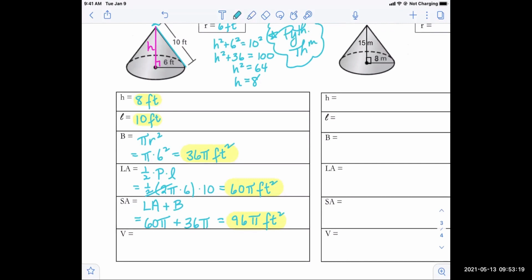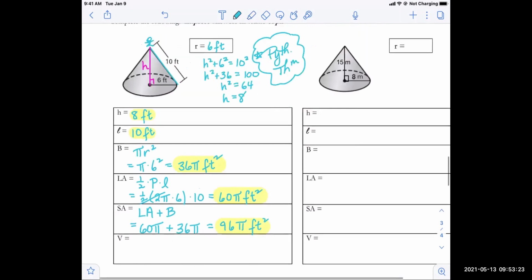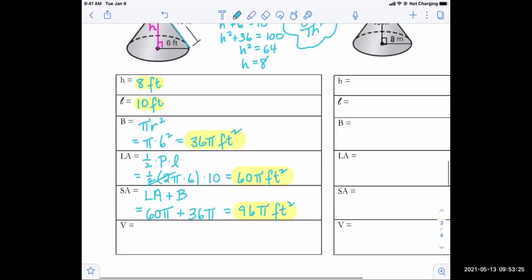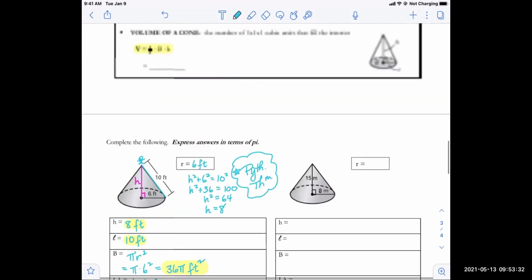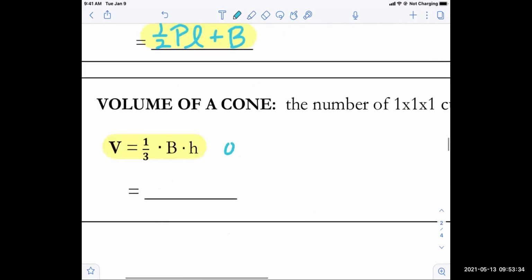Okay, how about Ryan? Volume of the cone, what's the formula? Just a side note, you can also write this as the base area times the height divided by 3.